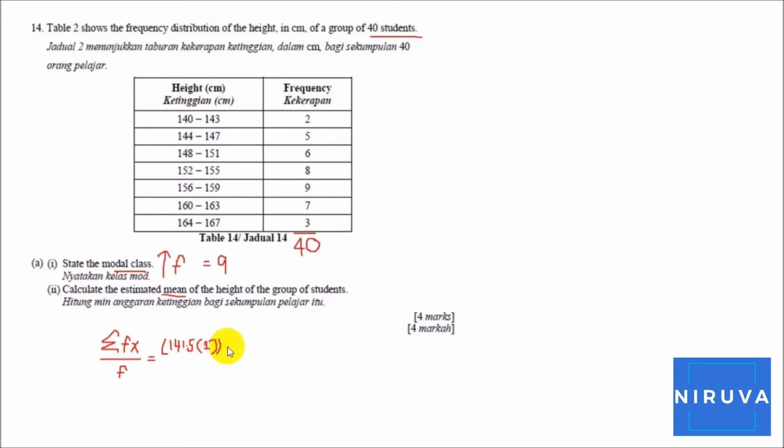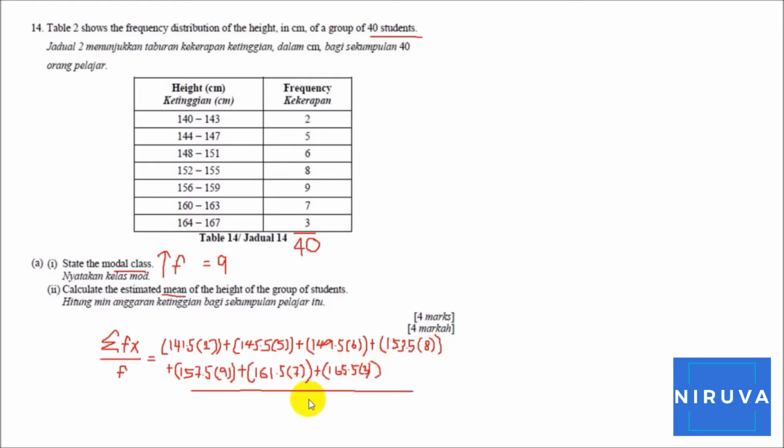141.5 times 2, then plus 145.5 times 5, next 149.5 times 6 plus 153.5 times 8, then plus 157.5 times 9, and 161.5 times 7, and lastly 165.5 times 3.